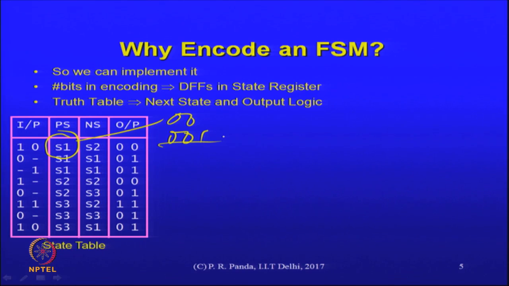The state register consists of a number of flip flops, and if I use 2 bits, then I have 2 flip flops. If I have 3 bits, then I have 3 flip flops. So, of course, there should be an attempt to minimize the number of flip flops. If I had an area metric for optimization, I will try to minimize the number of flip flops, and therefore I try to use the minimum length encoding here.